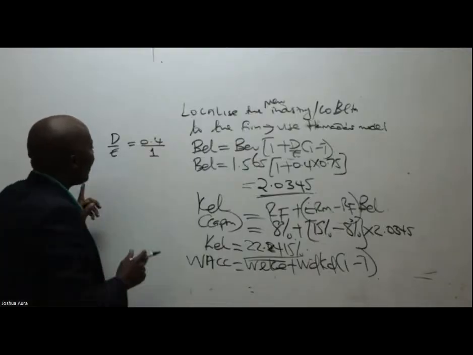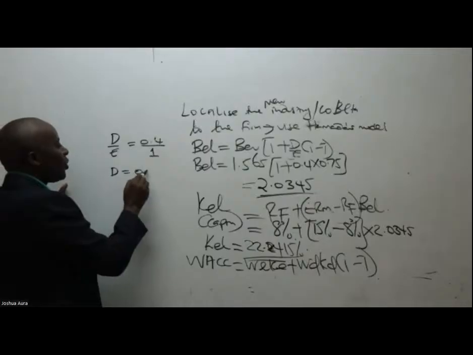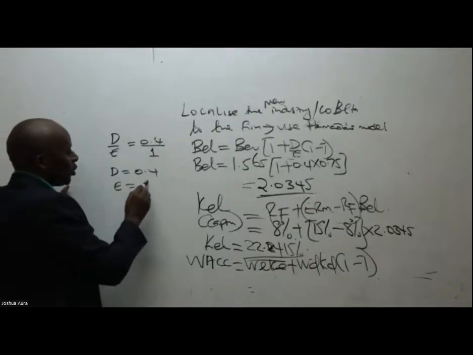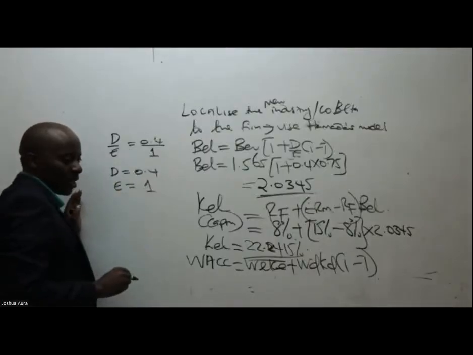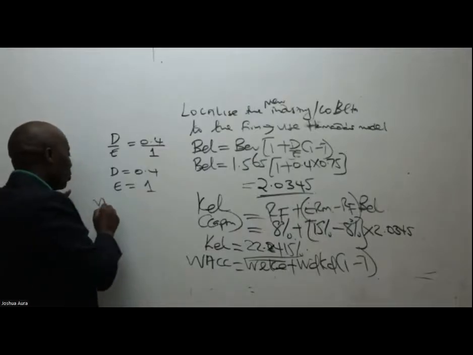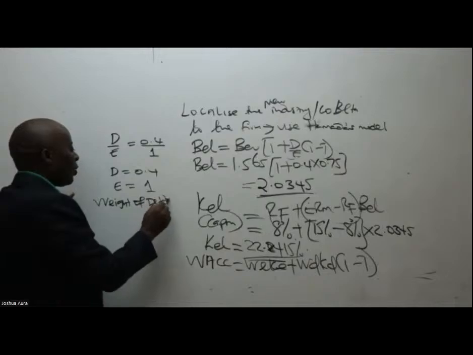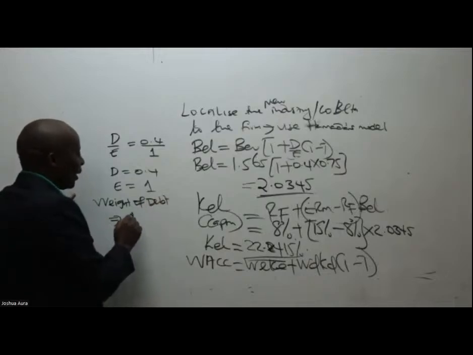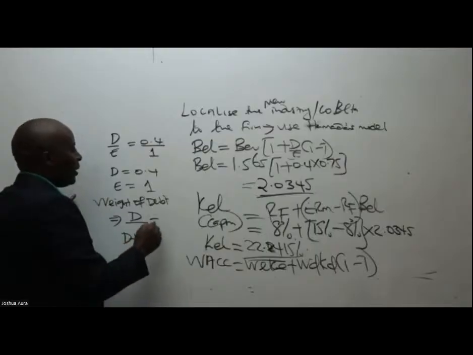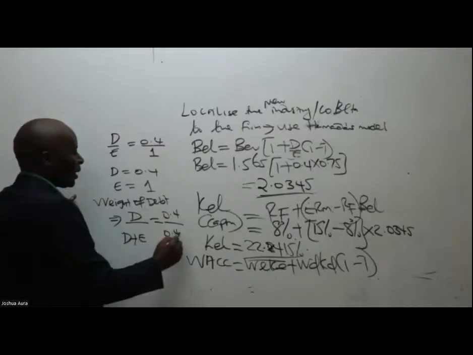So you're saying that debt, in short, is 0.4, and equity, in short, is 1. When you want to get the weight of debt, it will be debt over debt plus equity. Debt is 0.4 over 0.4 debt plus equity, which is 1.